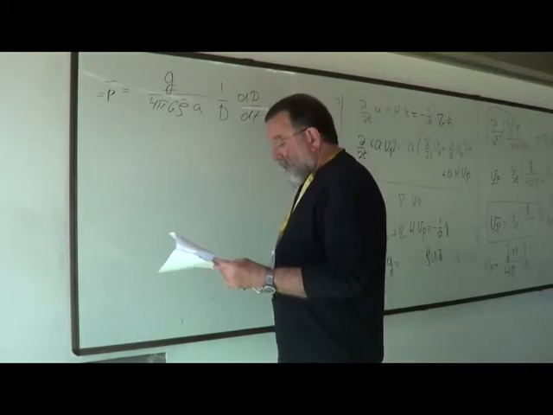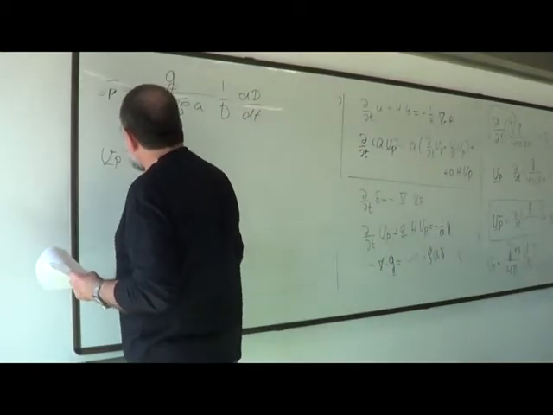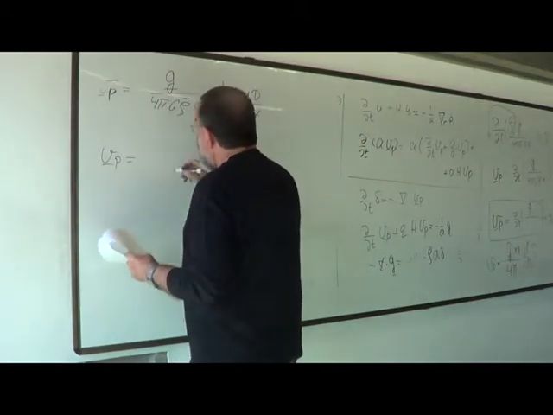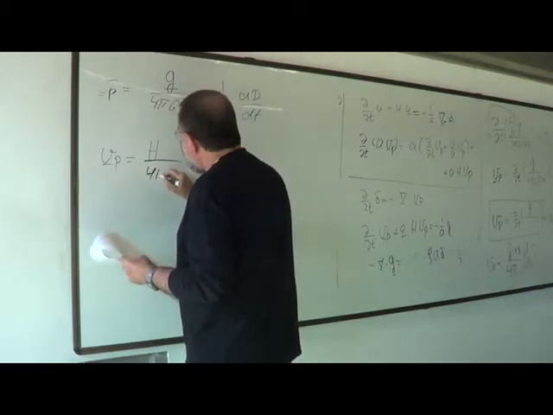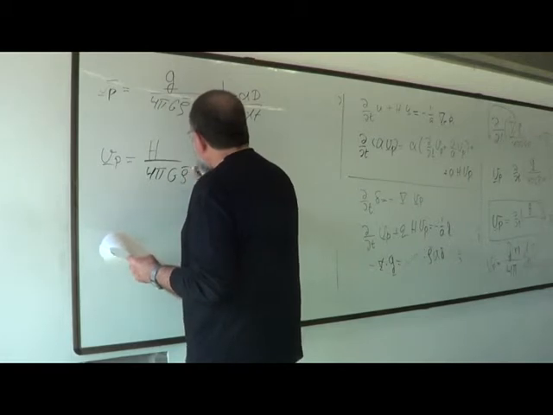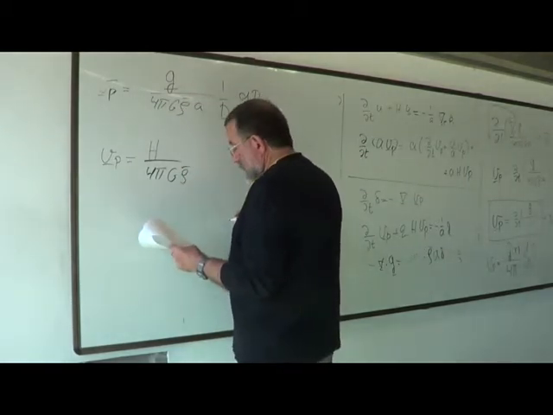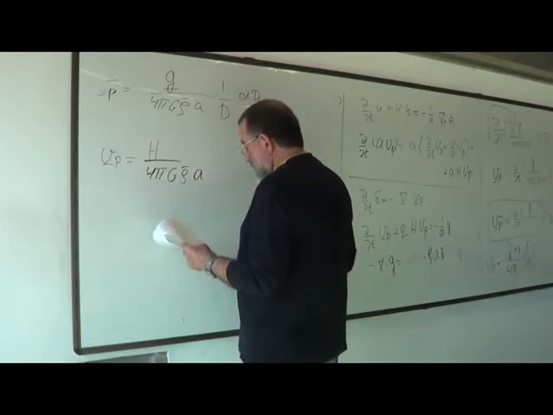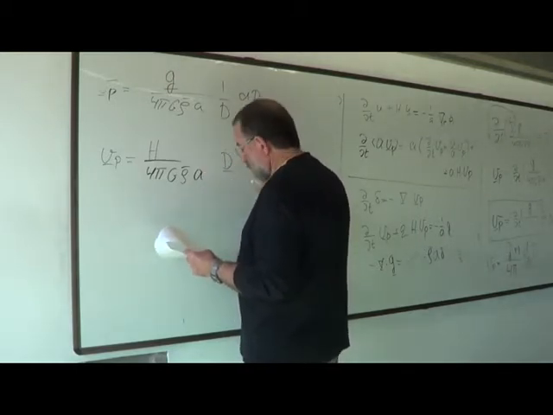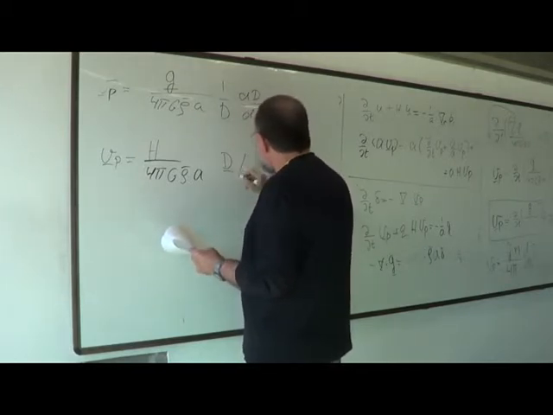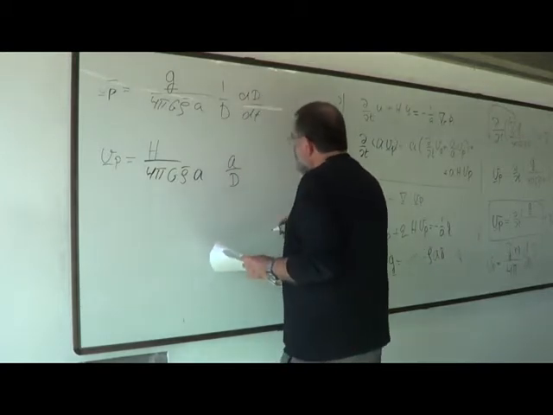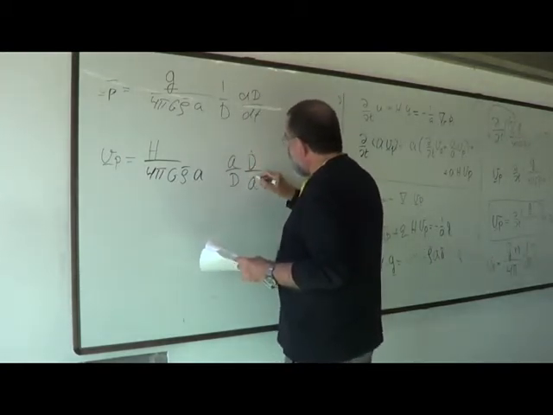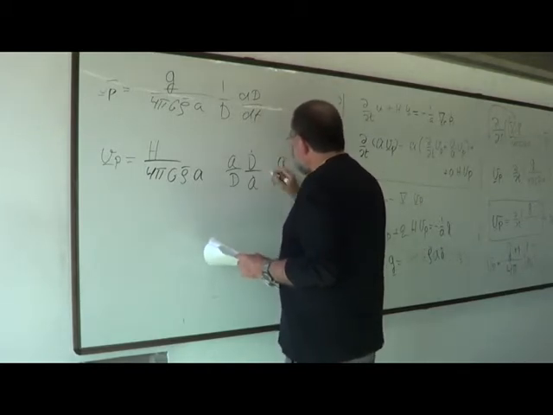And we can write it all like v of p equals h divided by 4 pi g rho bar times a times d over, let me write it. If you write it like this, it's a over d times d dot over a dot. All of it is multiplied by g.